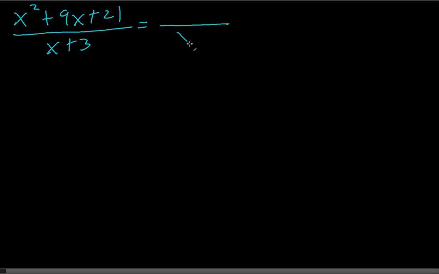Okay. What other types of problems can we do? x squared plus 9x plus 21 over x plus 3. Now, if I can, I want to factor out x plus 3. So x plus 3, x, and then what?